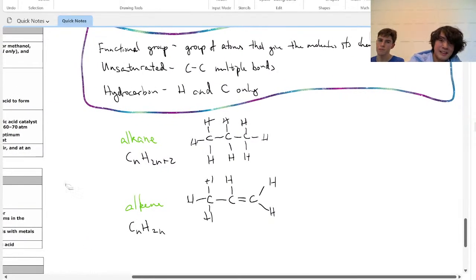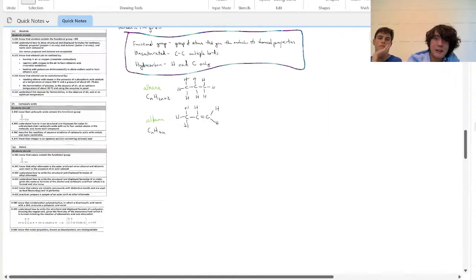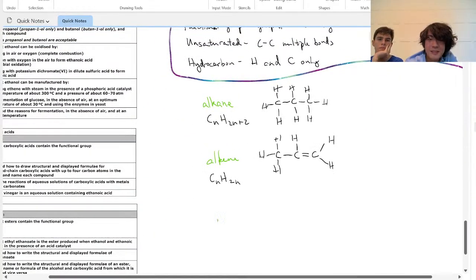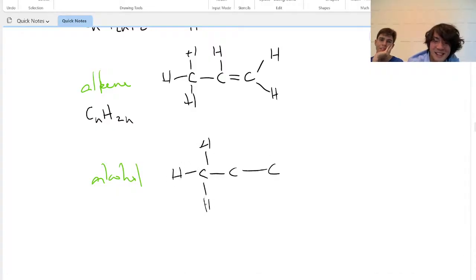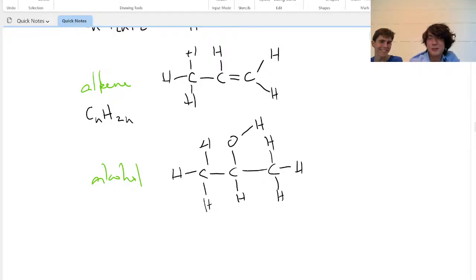Okay, alkane, and then alcohol. We'll just do a bunch of reactions. Alcohol is just an alkane, but with an O before an H. So it's a compound where C is attached to an O that's attached to an H. Just draw it at the end; it doesn't matter.